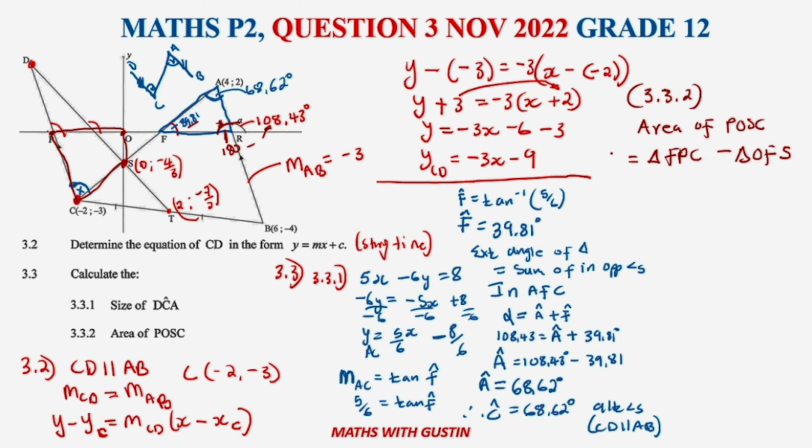Here it is F, P, C. So we can calculate the total area of this triangle including this part here, but we need to remove the other part. Okay, we need to remove this smaller part here.